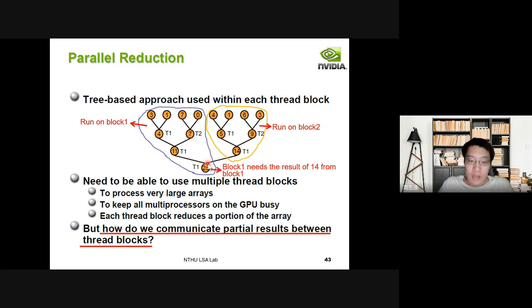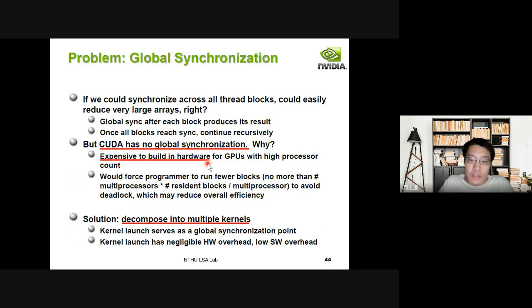So how can we solve that? If we have multiple thread blocks, or a huge number of threads across blocks, and we need a global synchronization, how can we solve that? The solution is called kernel decomposition.